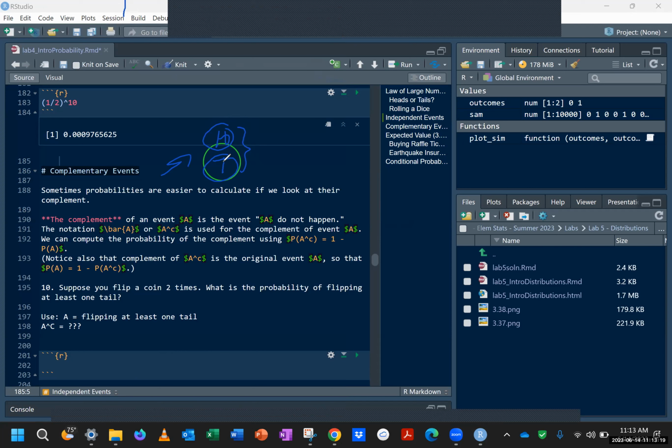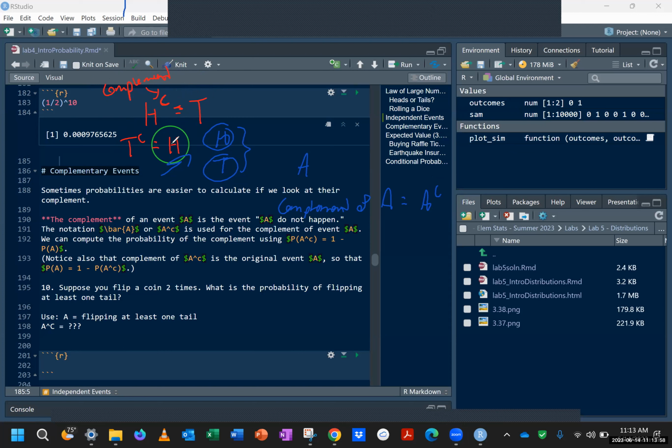So the notation for a complementary event: if A is an event, we say the complement of A is A complement. So using my heads and tails example, the complement of heads is tails. That's how I would write my notation for complement. And the complement of tails is heads.